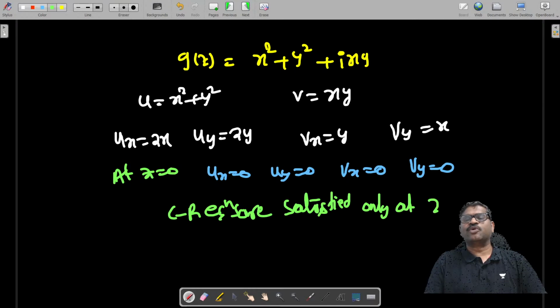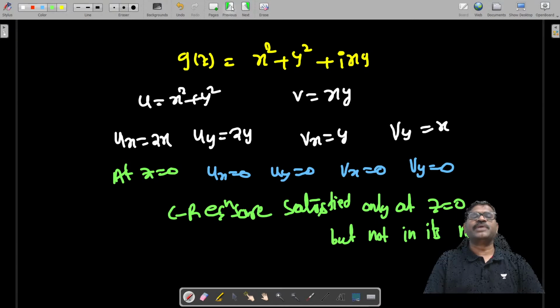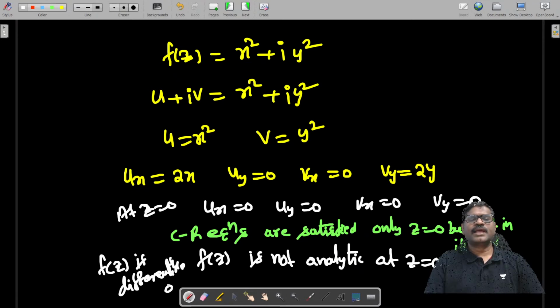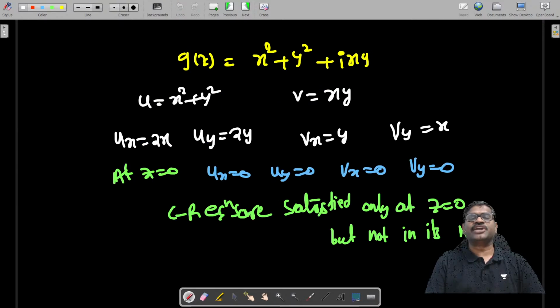Only at z equal to 0, but not in its neighborhood. It is differentiable but not analytic. f of z is differentiable at z equal to 0 but not analytic at z equal to 0.